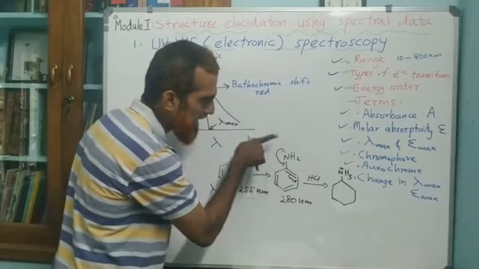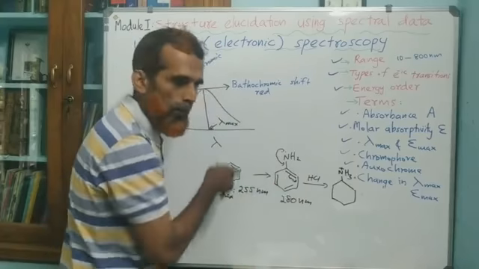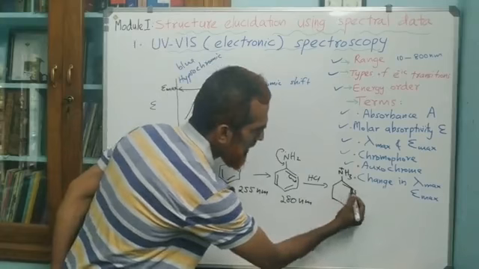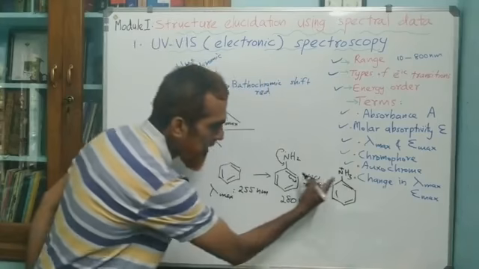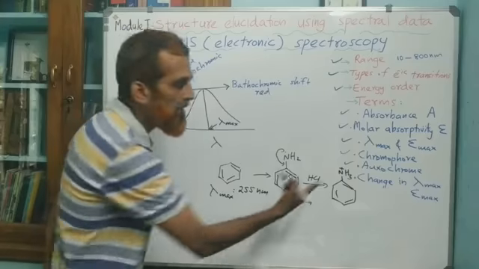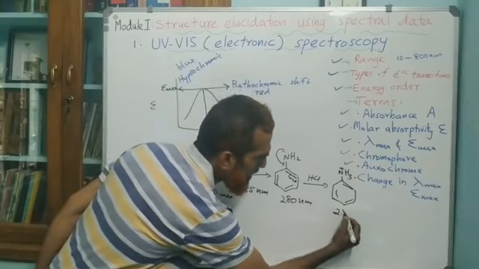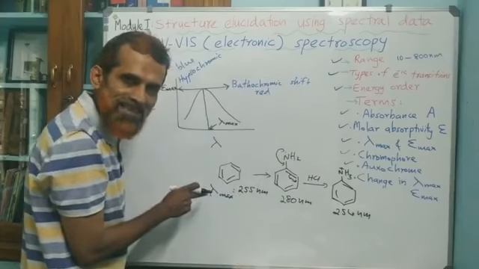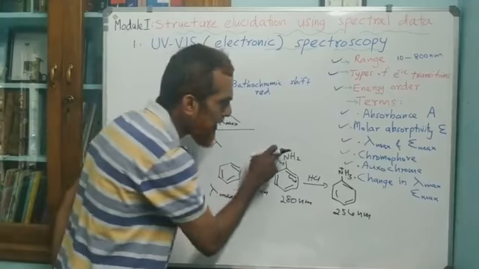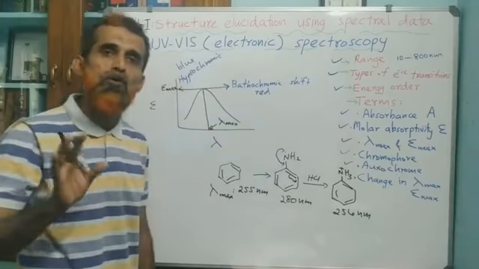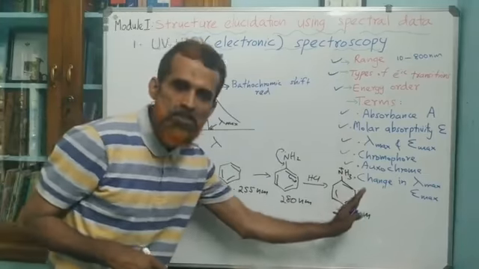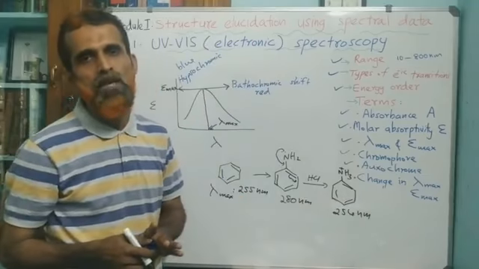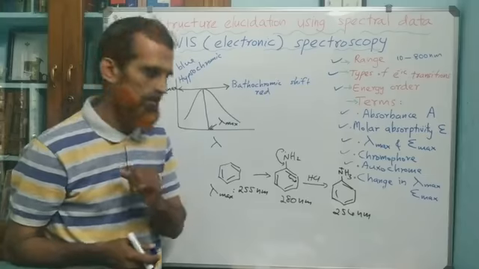H plus attached on nitrogen using the lone pair, so it became NH3 plus. Interestingly, lambda max of this anilinium ion is found to be only 254 nanometer, more or less the same as benzene. Why? Because the lone pair is lost here, no more conjugation. What is this shift? This is called Hypsochromic shift or blue shift.